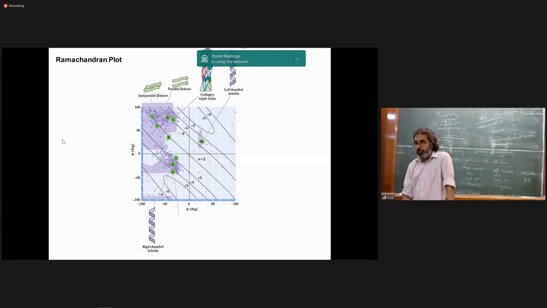That's exactly how you will think about it when I say handedness. If phi psi falls on this side, in this case it is right-handedness, and if it falls on the other side, it is left-handed.